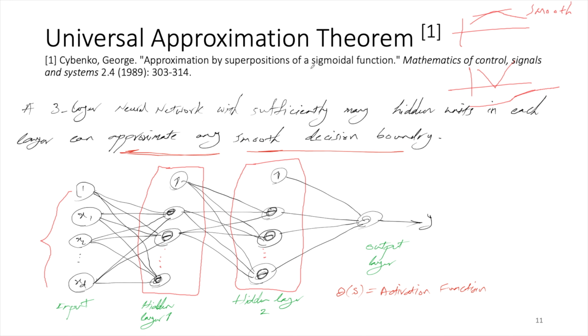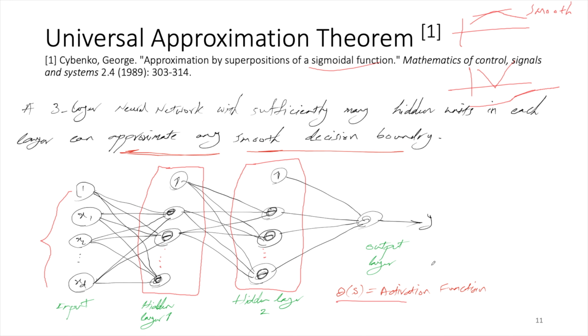In his proof, he was talking about a sigmoid function, such as that. We have other proofs for other activation functions as well, but that was the first one that proposed this proof.